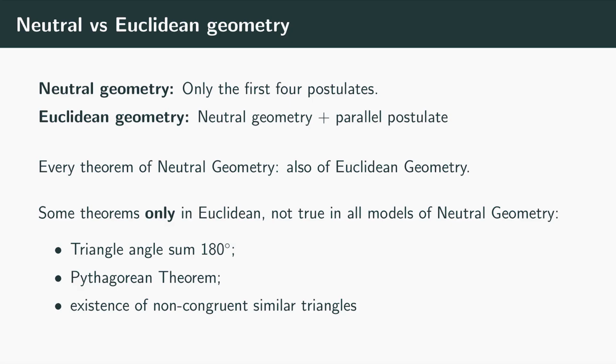The Pythagorean theorem holds in Euclidean geometry, but it is not a theorem of neutral geometry. The existence of non-congruent similar triangles is actually a theorem of Euclidean geometry. In hyperbolic geometry, it turns out that if I have two similar triangles, they are actually congruent.